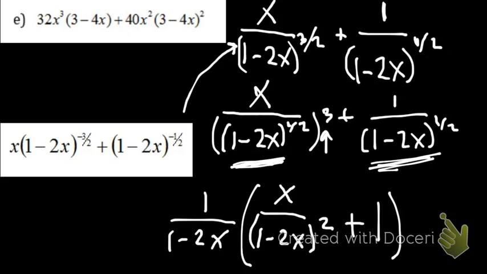I ran out of room, but if you really wanted to, you could rewrite this all with one denominator by rewriting this number 1 here as 1 minus 2x squared over 1 minus 2x squared.